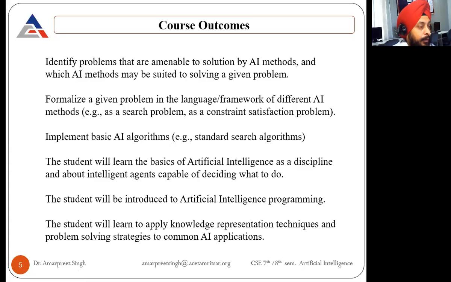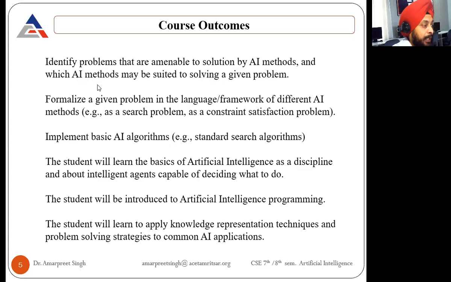So when I complete the syllabus, you will be able to identify the problems that are amenable to solution by AI methods and which AI methods may be suited to solving a given problem. That means where the AI can be applied, and which AI technique or method will be used to solve that particular problem.